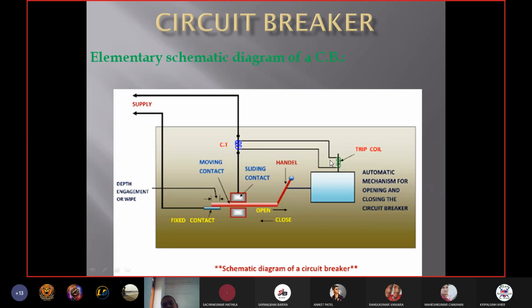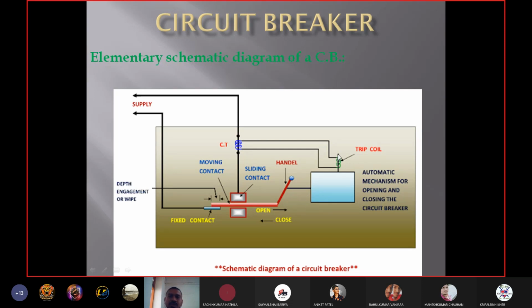Okay, so it is not capable of energizing a trip coil. That means in this operating mechanism there is no force capable of bringing this handle in the right side direction.